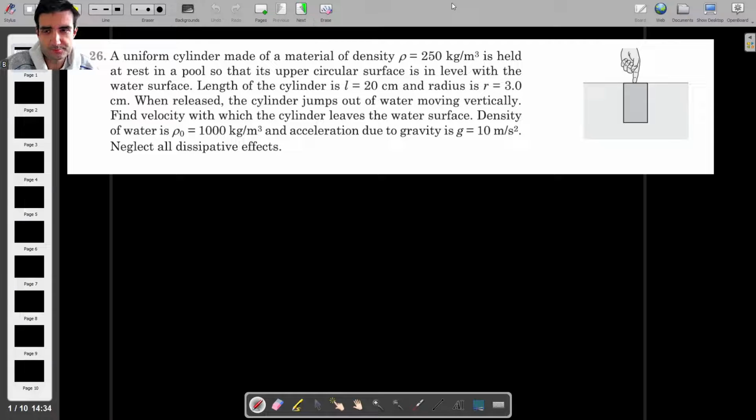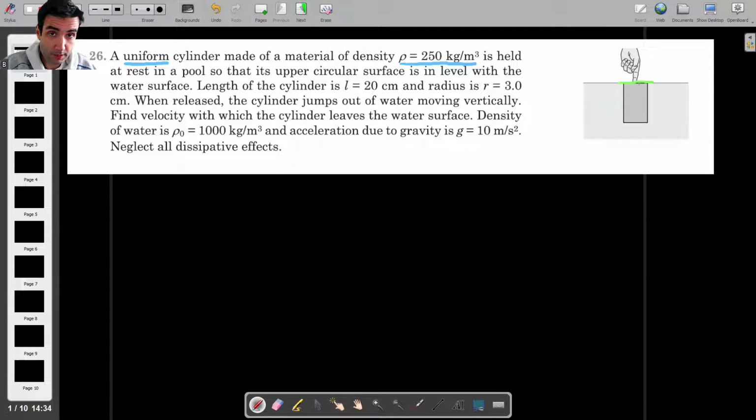So here's what we know. We're dealing with a cylinder which is uniform. Now, uniform means that the density of the cylinder is the same at all points. And we don't know the material, we don't really care, as long as we have the density, which is 250 kilograms per meter cubed. And the cylinder is being held at rest such that the upper surface of the cylinder is touching the free surface of the liquid.